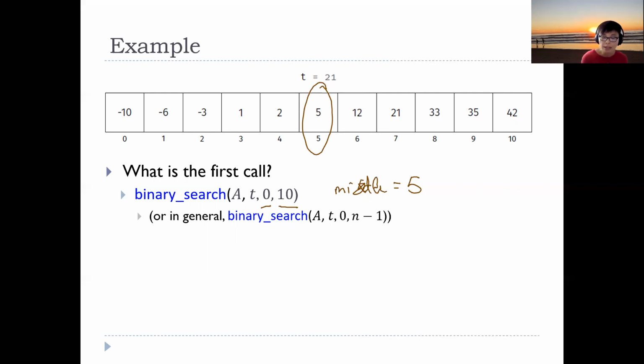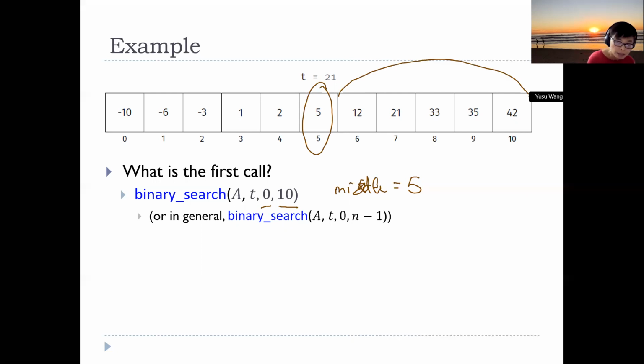Okay, so now you ask, is 5 equal to the target I'm searching? No. But the target I'm searching is bigger than 5. That means that now I need to recurse on the right side, because the number I'm looking for is bigger than that. So I know for sure the number I'm looking for is only within this portion of the subarray.